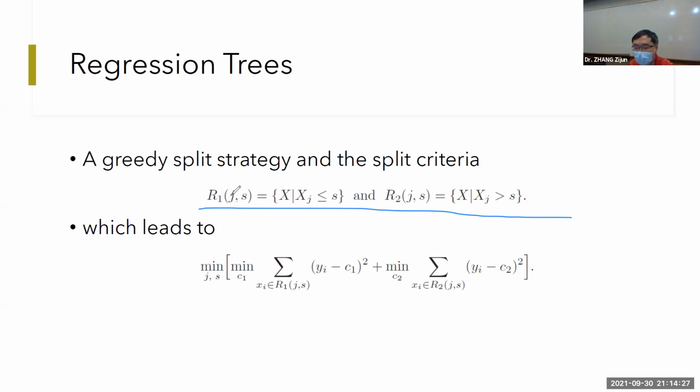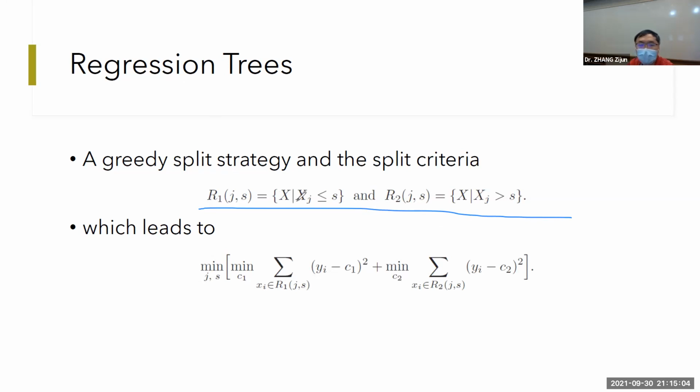Region 1 is defined by two indices J and S, which means for any data point with Xj less than or equal to a threshold S, this region is the set of those data points. And region 2 is also defined by J and S. That means any data point with Xj larger than the threshold S, region 2 is the set of those data points. Okay.